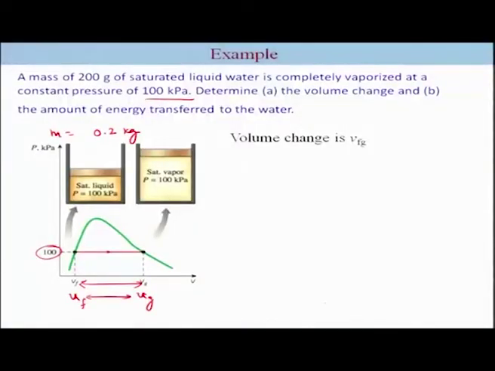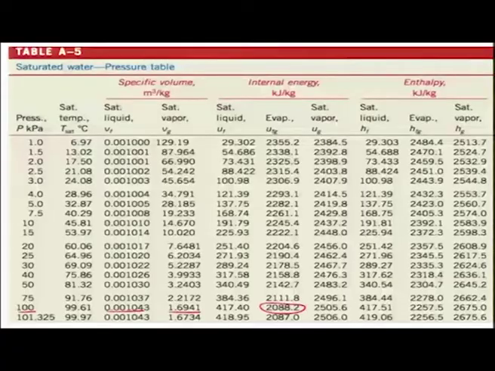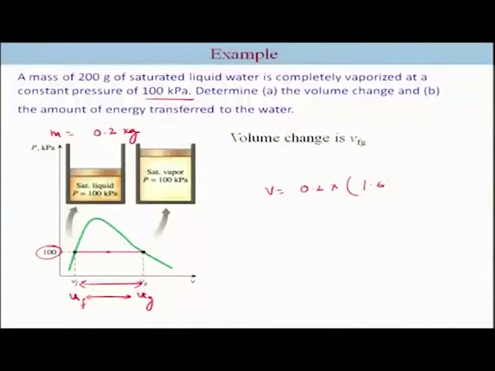Okay. So, that means the volume is 0.2 multiplied by 1.6941 minus 0.001043. Okay.